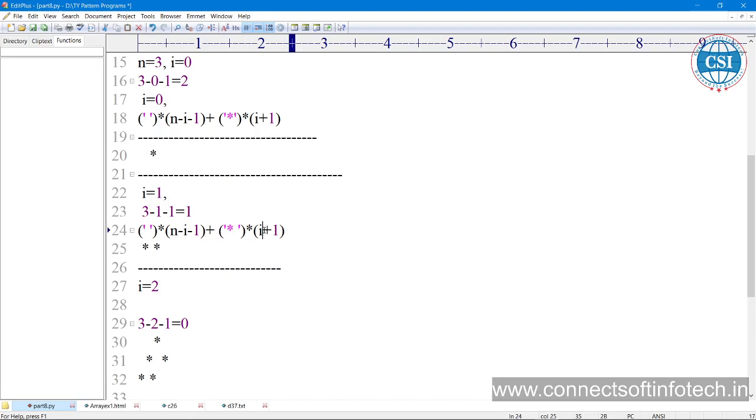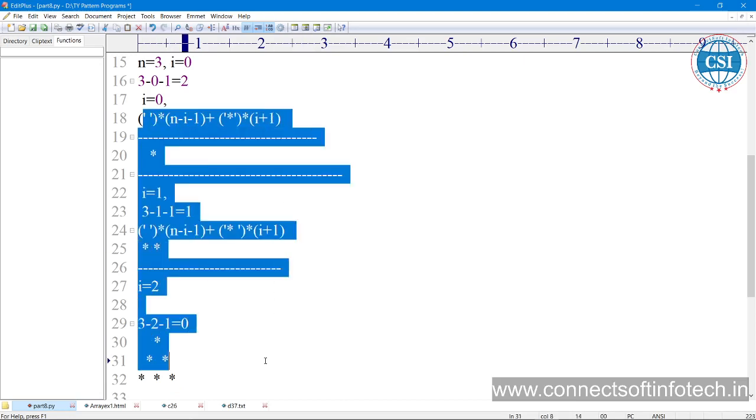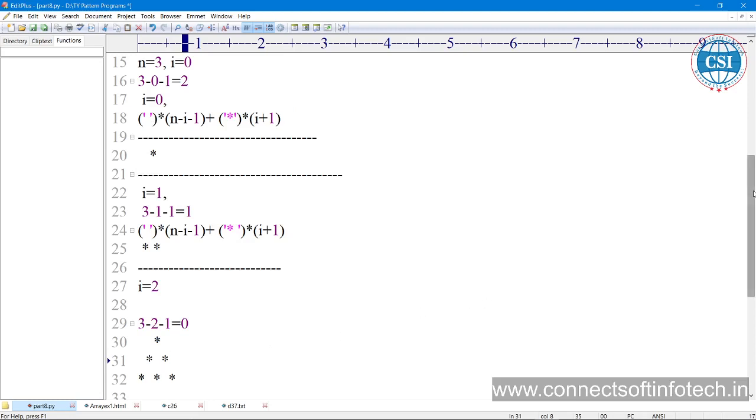How many times? 2 plus 1, 3 times. Asterisk space, asterisk space, asterisk space. So what do we get? This one. Are we getting the perfect pyramid or not? By using this expression, are you getting this perfect pyramid? Yes, perfect. Okay, so let us implement.